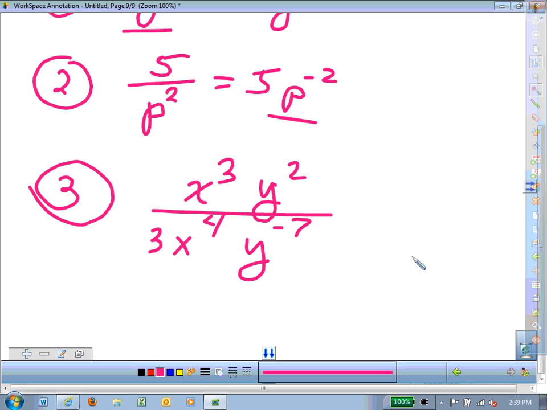Now, some things do require some simplification that we can make much simpler, such as this situation where we have different powers with the same base. So you should be able to put those together. So if I have different powers of x, I should be able to combine them in the same way with the y.